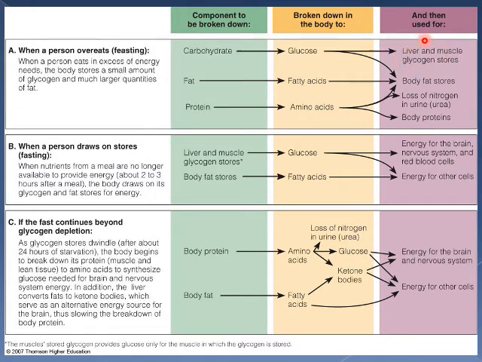That's your body's preference. And then excess glucose beyond that will be converted to body fat. In terms of feasting and excess dietary fat, it will be broken down in the body to glycerol and fatty acids, and the fatty acids are converted into body fat.